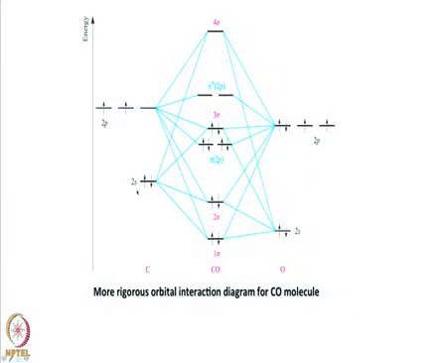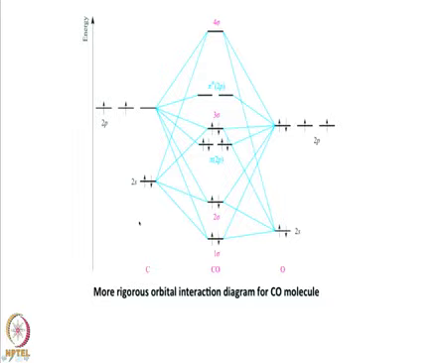So, let us look into some examples of MO diagrams that we are familiar with for main group compounds. I have shown here carbon monoxide. When we are placing the atomic orbitals, we place them in such a way that the most electronegative atom's atomic orbitals will be much lower in energy compared to the other atom.